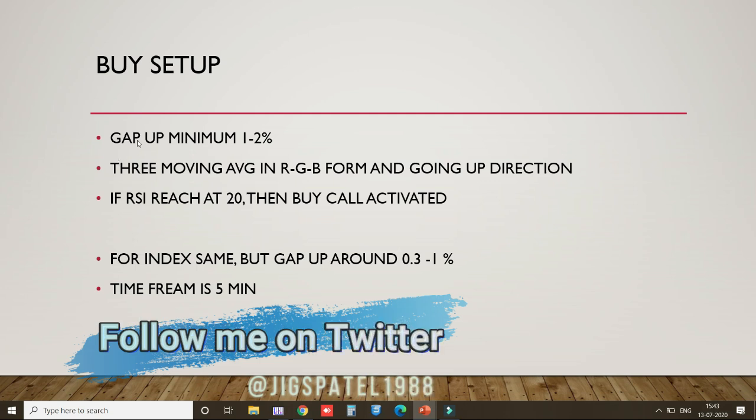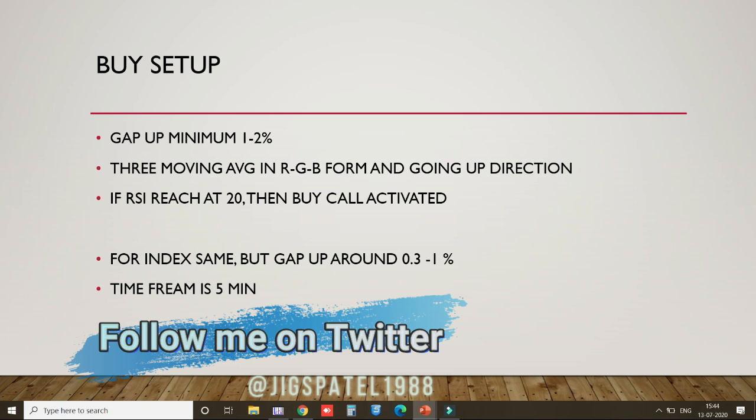If my RSI reaches 20, then the buy call is activated. The buy call is generated when the 3 moving averages are going upward in the form of 10 EMA, 20 EMA, and 32 EMA, with RSI at 20. When the buy call is activated, we have to put our stop loss.